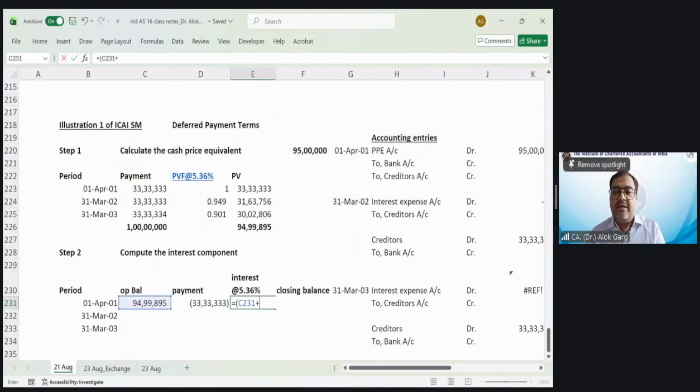So basically out of 95 lakh, on day 1, what have you done? You have done PP account debit with 95 lakh, right? And you are paying 33 lakh also, right? So the remaining will go to the creditor. So what is my liability on day one? 95 minus 33,33,333, yes or no? Yes, sir.